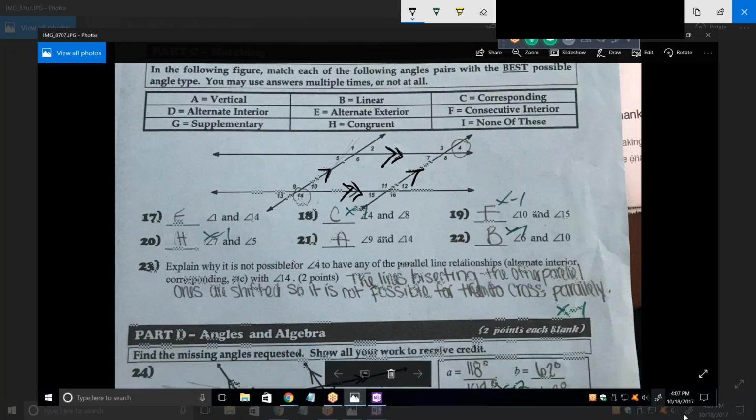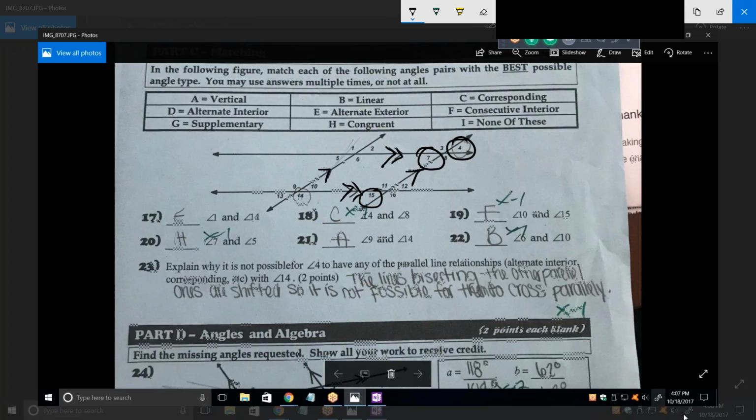So because I have a set of parallel lines, I can say that 4 is equal to 7. 7 is equal to 15. And 15 is side by side with 14. So 15 and 14 are supplementary.